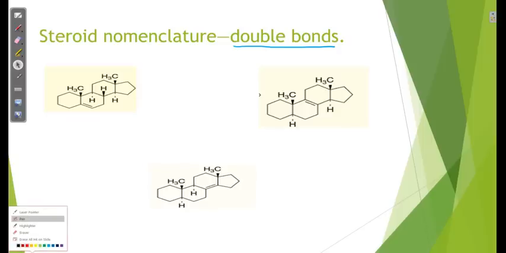In all the structures, I have inserted the double bond, and here one more thing we have to remember. See the stereochemistry of these positions. There is no need to indicate the stereochemistry of these positions. This 9 is downward, 14 is downward, 8 is upward. So there is no need to indicate. So let us give the numbers first.